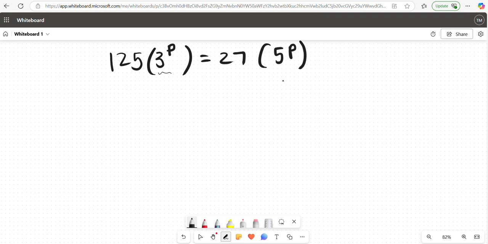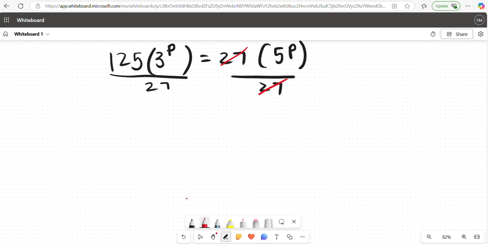So what would I want to do? I would want to collect all the powers of p on one side and collect all the constants on one side. So what I'm going to do in the first step is divide by 27 on both sides. Why? Because this 27 and this 27 are going to cancel each other.